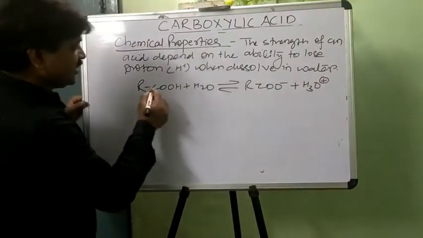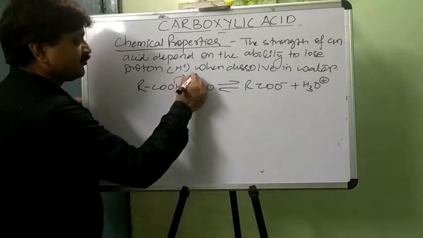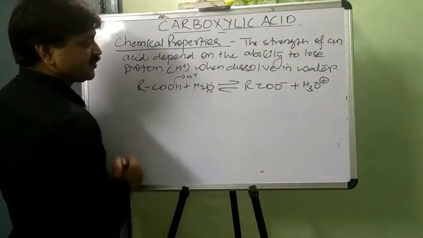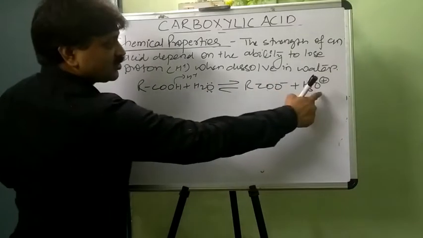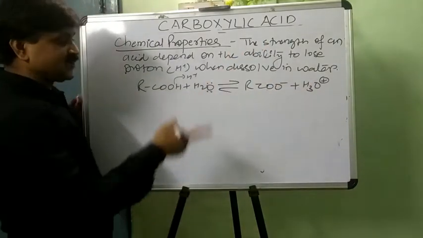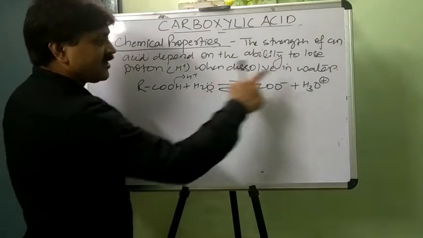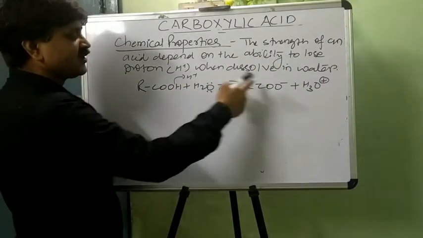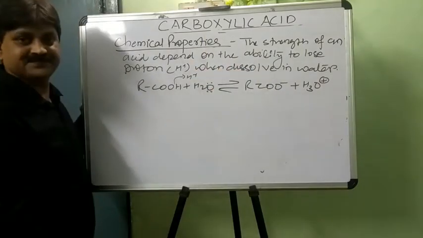You will see here, this acid releases H plus ion, which is absorbed by the water molecule due to the presence of a lone pair of electrons, and water becomes the hydronium ion H3O plus. Means H plus in the water lives in the form of the hydronium ion, and when the acid releases H plus ion, it converts into an anion, acetate ion.